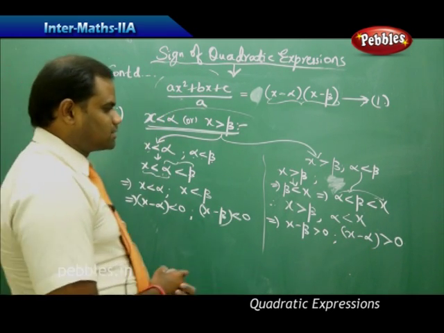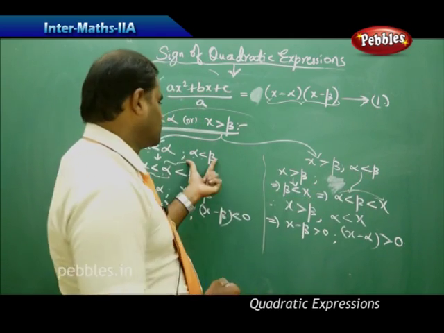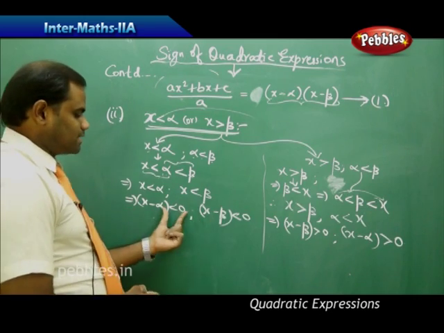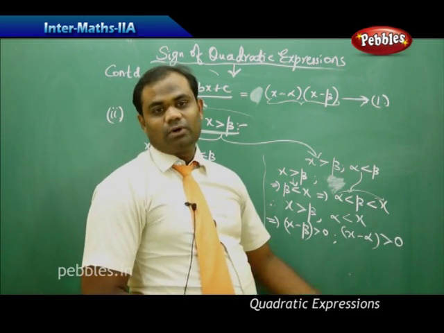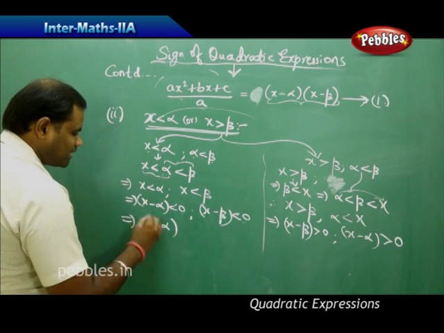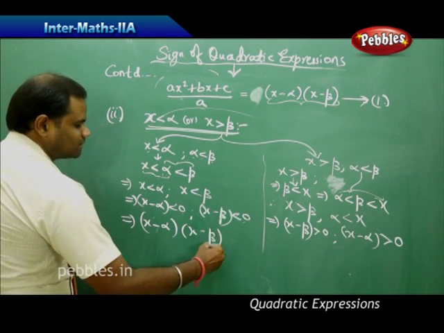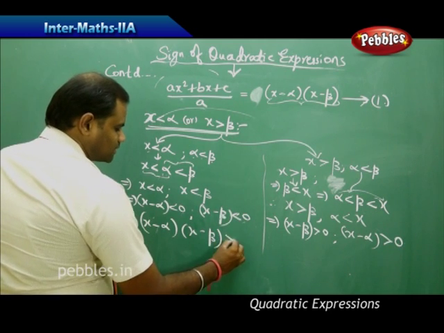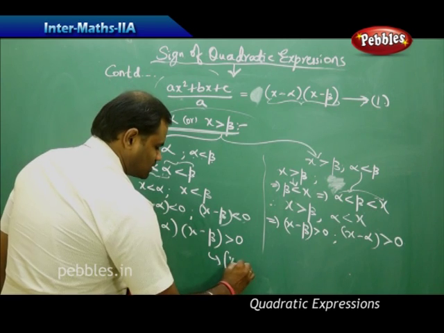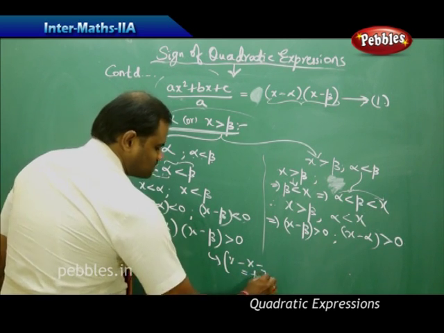So proceeding with these two cases, initially I get both of them as negative and then both of them as positive. Thus, when I multiply x minus alpha times x minus beta, when both are negative, the product of negative and negative is positive, since minus into minus is plus.